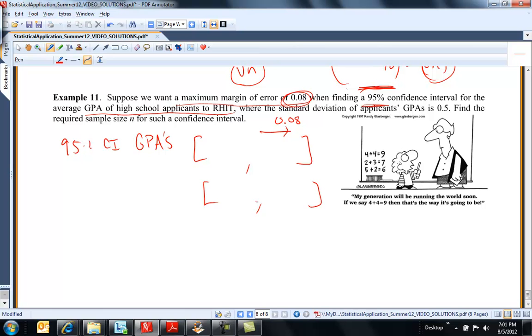Let's say the true mean mu is 3 point something. At most I would want to err from what the truth is by 0.8 in each direction. So I want an interval that's at least this tight.